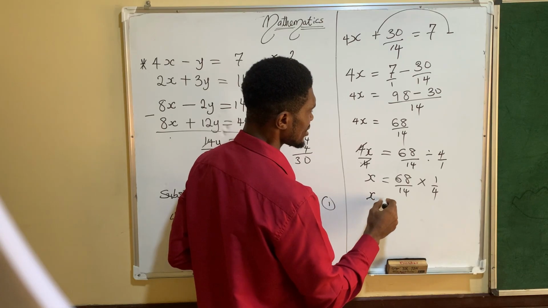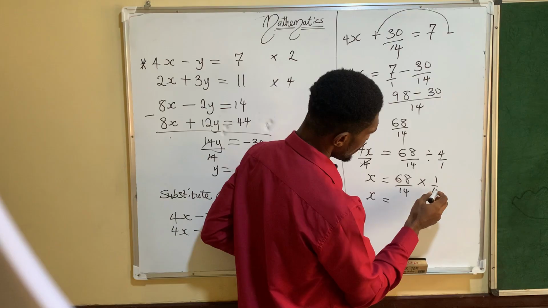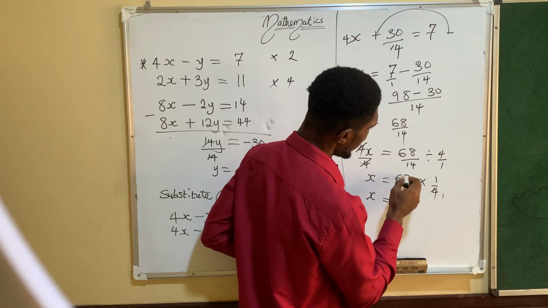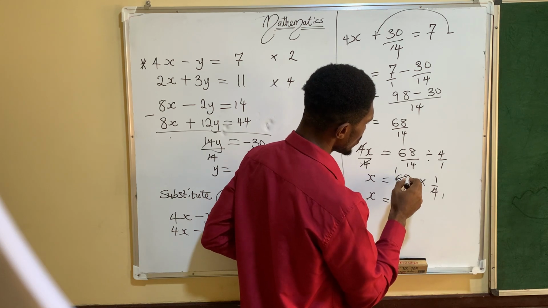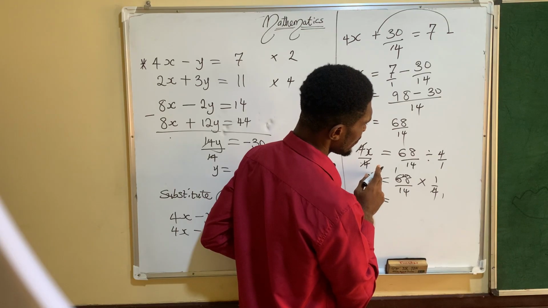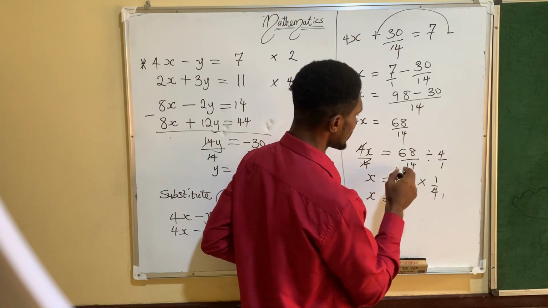So we have x is equal to, 4 in 68, that is 4 in 6 is 1, remainder 2. 28 divided by 4 is 7.